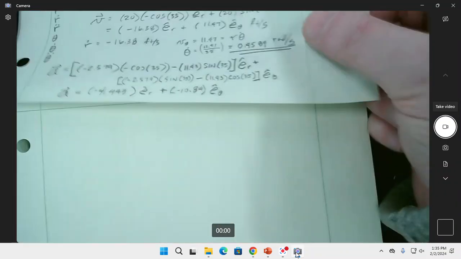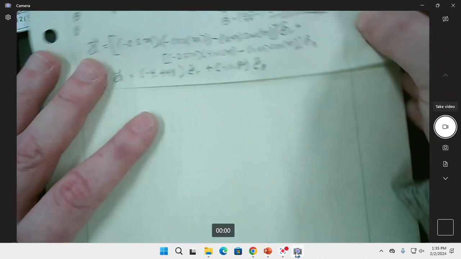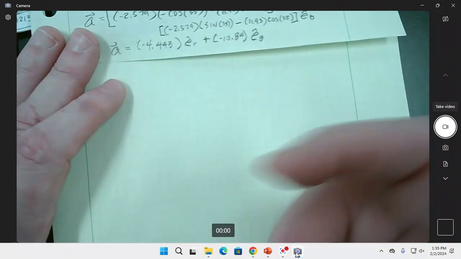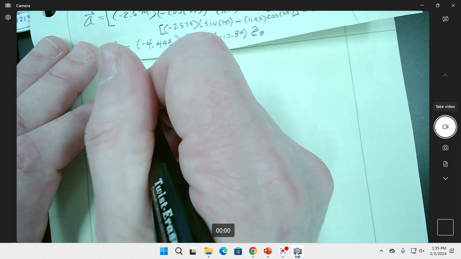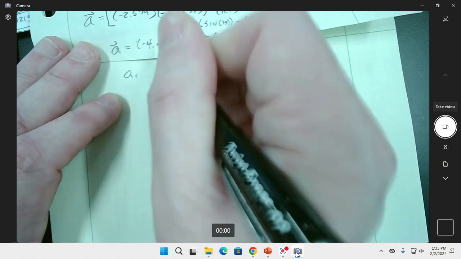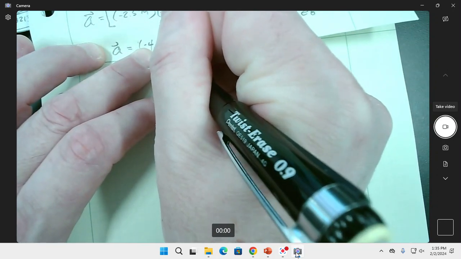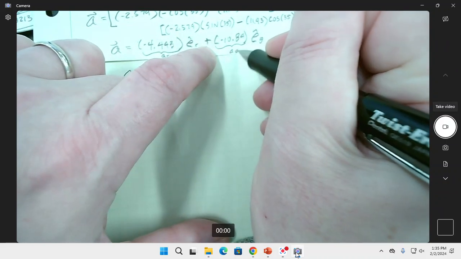All right, so we want to take this and now get the, okay, the only part that we really need was this. And what we want to do is find that R double dot. So this guy right here is A R, and then you could call him this guy A theta.